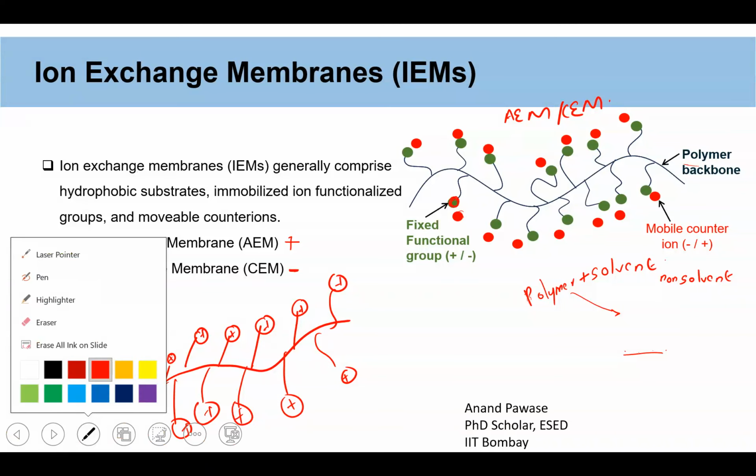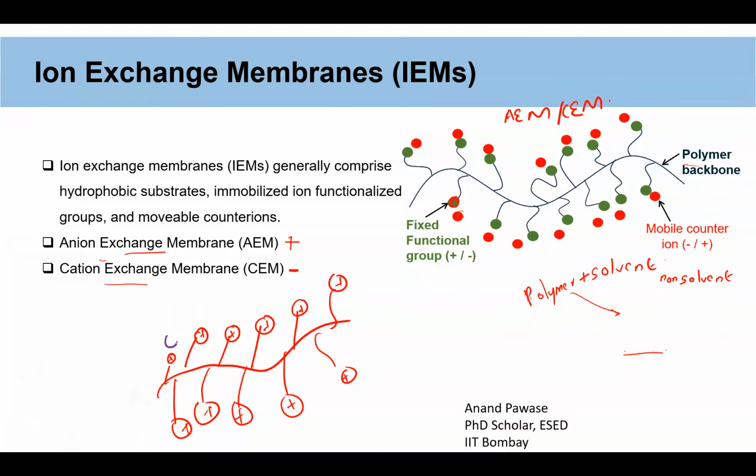Then we have the movable charge negative. This is called anion exchange membrane. Okay. So how does the exchange take place here? This is negative. Okay. So this is anion exchange membrane.